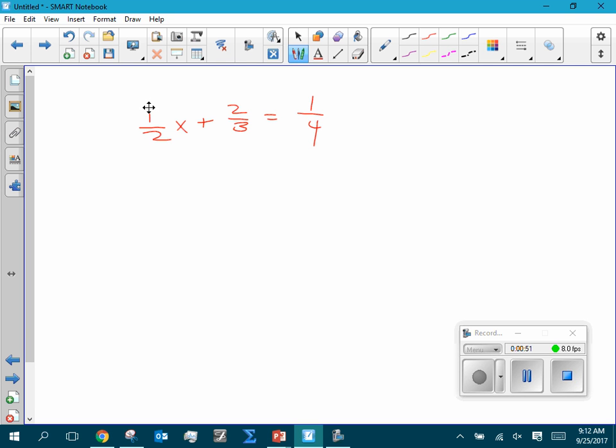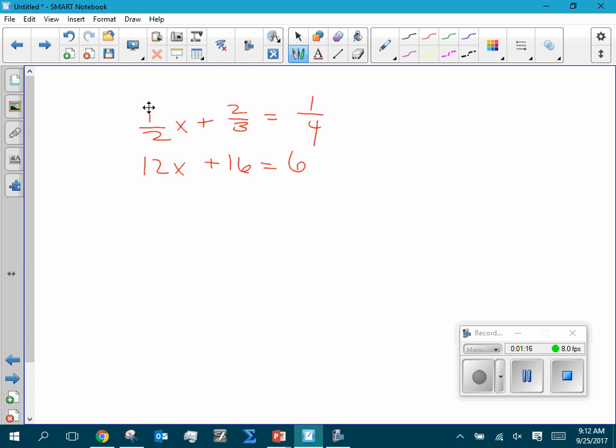So what I could do is multiply every single thing by 24, and that would give me 12x, 16, and 6 there, right? Okay, did I do that right? It'd be 8. Is that a little bit easier to solve than that first rational equation?